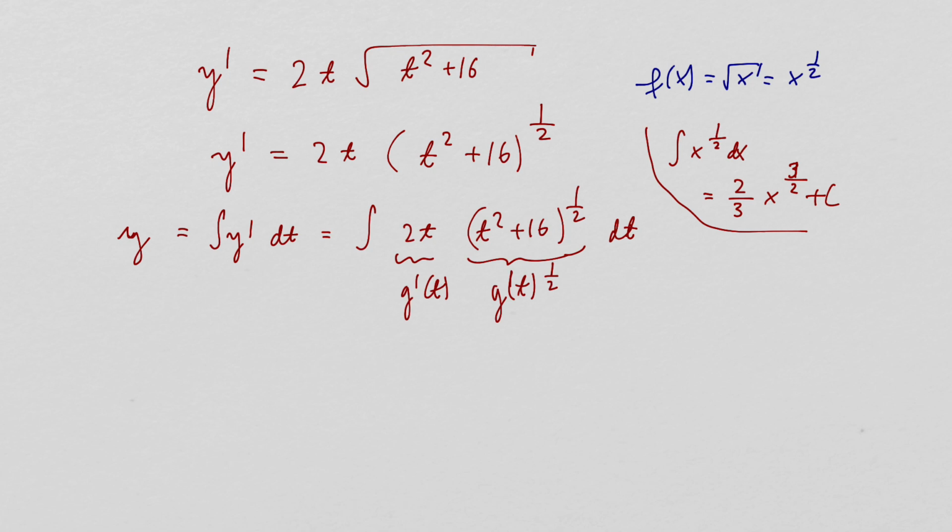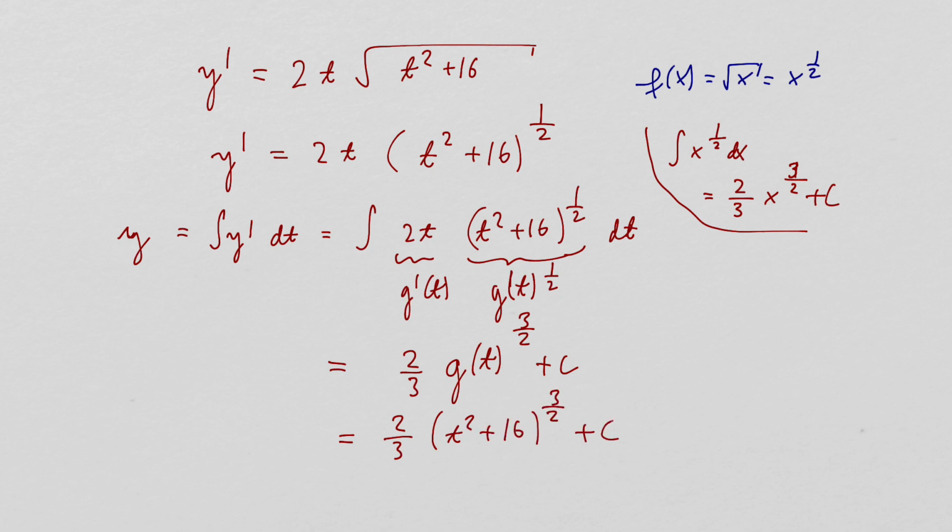Now we are integrating a similar kind of thing, but we have some function to the power 1/2 times the derivative of the function. The formulas of the previous course give that the integral is the function g to the power 3/2 times 2/3 plus some constant. So 2/3 times t squared plus 16 to the power 3/2. That's the result.